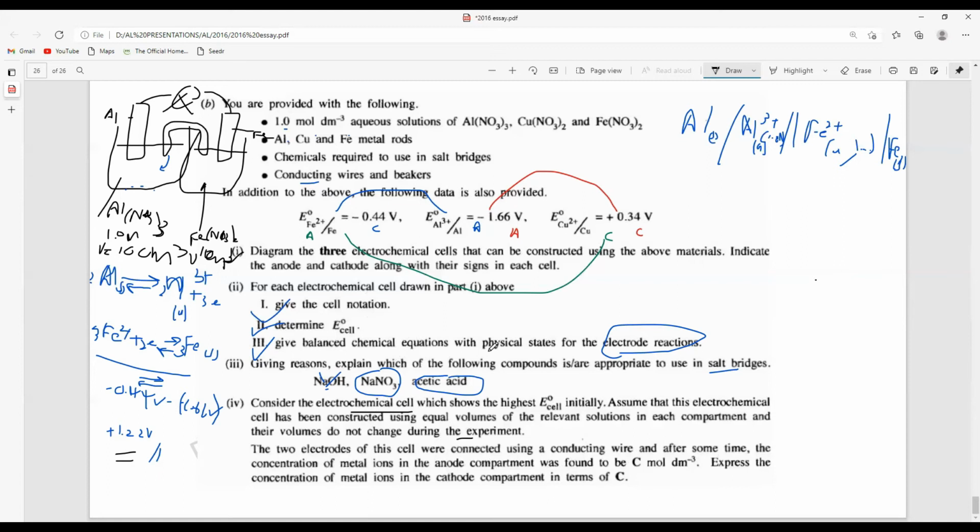C mol dm^-3. So initially we used 1 M of each, right? After some time, the metal ion concentration in the anode compartment was found to be C mol dm^-3. Express the concentration of metal ions in the cathode compartment in terms of C. So what is the anode reaction? The anode reaction is normally aluminium.